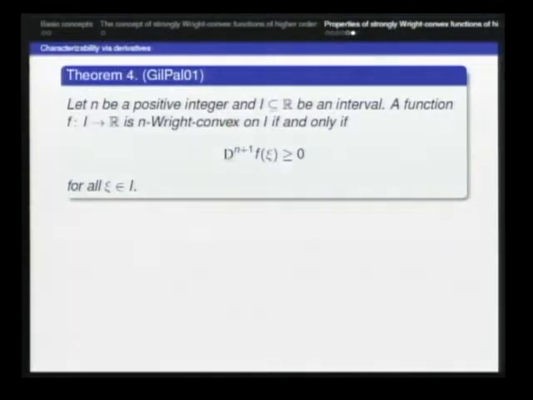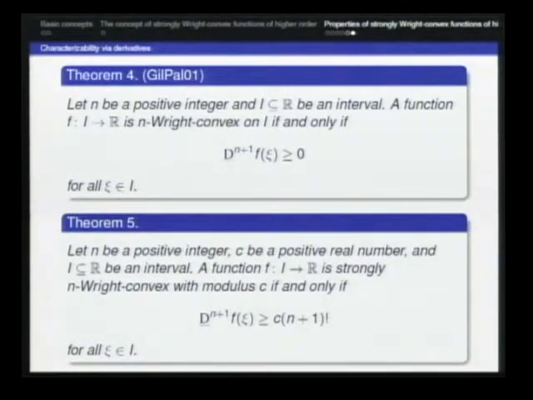This theorem characterizes n-right-convex functions defined on an interval I. Such a real valued function defined on I is n-right-convex if and only if its n plus first lower d derivative at each point is non-negative.